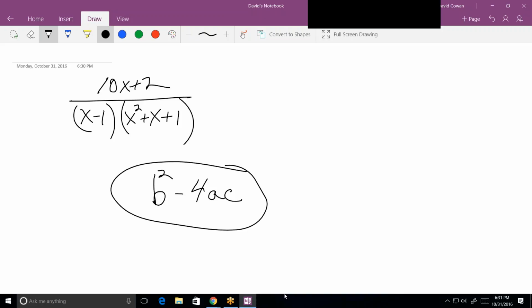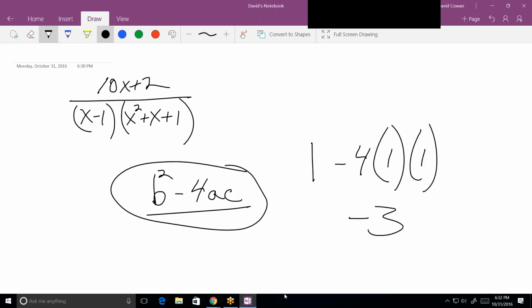If this number is negative, you have imaginary solutions. If it's positive, you have real solutions, and then that's not an irreducible quadratic. I might have to use the quadratic formula to factor it. So what's b squared minus 4ac? It's 1 minus 4 times 1 times 1. That's negative 3. Yeah. That makes it an irreducible quadratic.